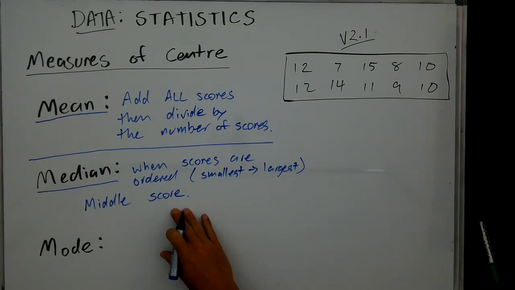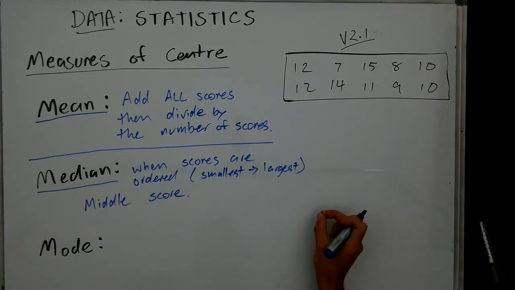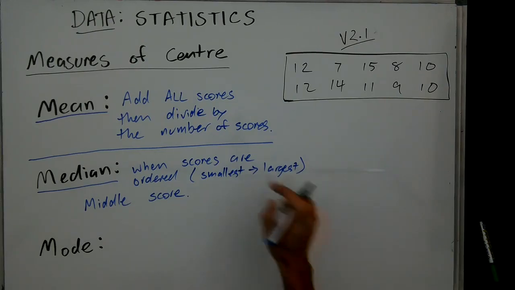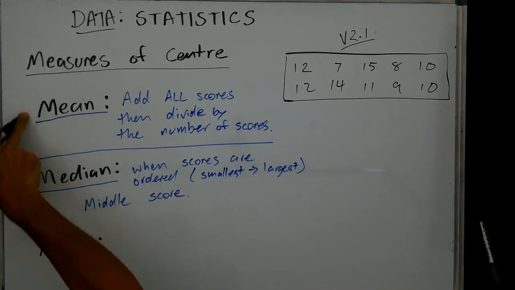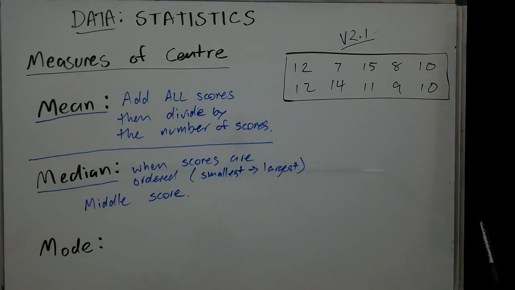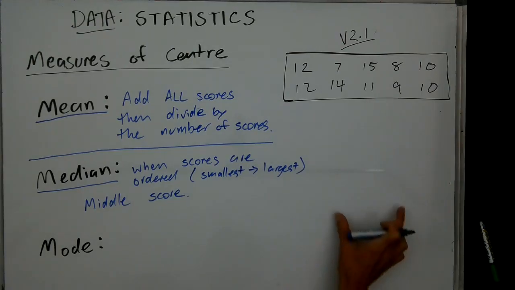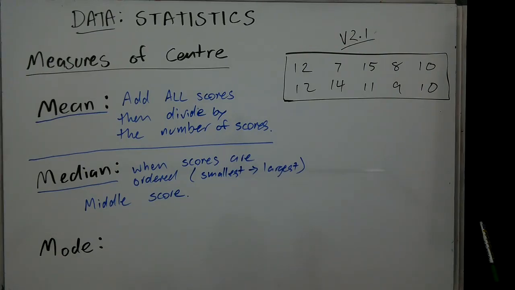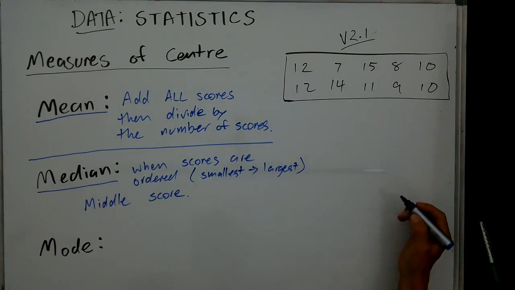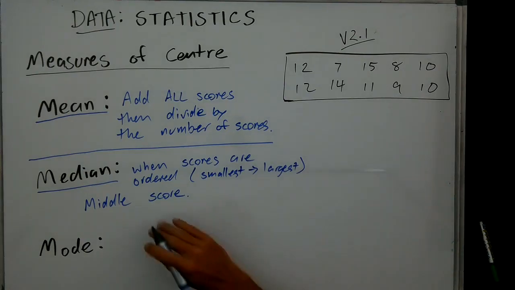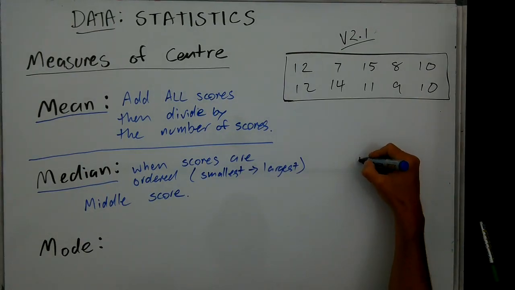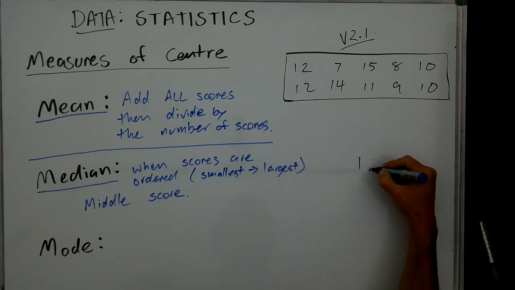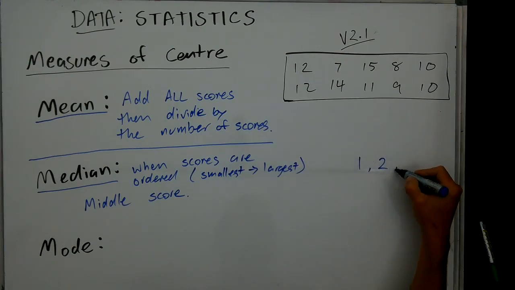So the median is sometimes a particular piece of data, and sometimes we need to take the mean of the two scores it's in between. For example, I'm going to come up with a very small group: 1, 2, 3.